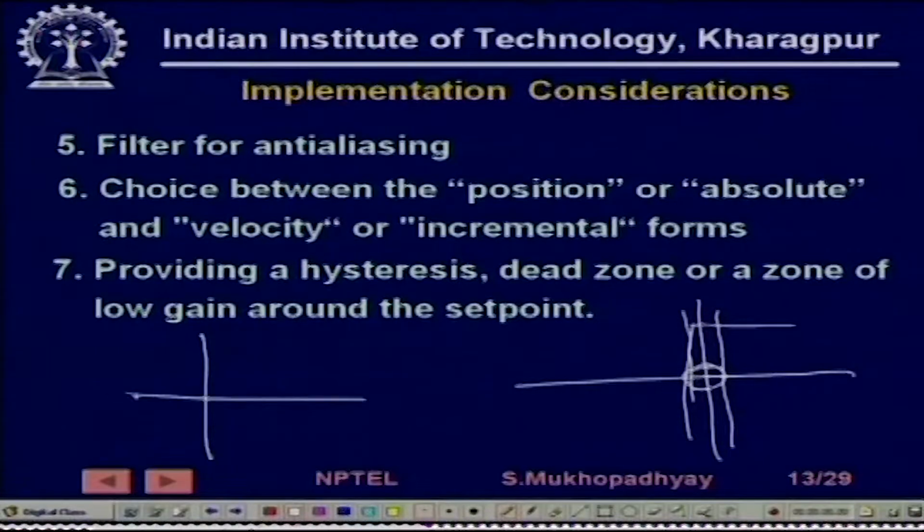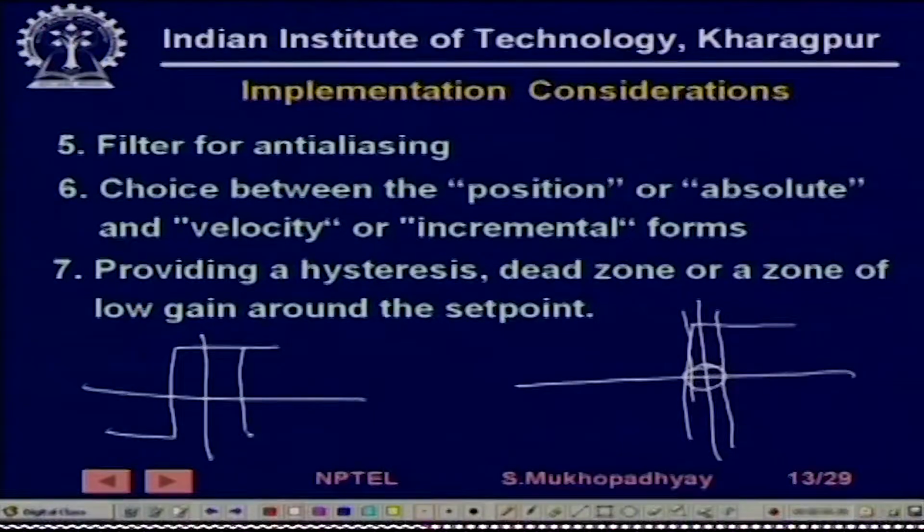So, you have an input output characteristic and you have a hysteresis curve. You say that if the error is in this zone, then I am going to maintain the output. If I was here, I will maintain unless the error goes out of this zone.